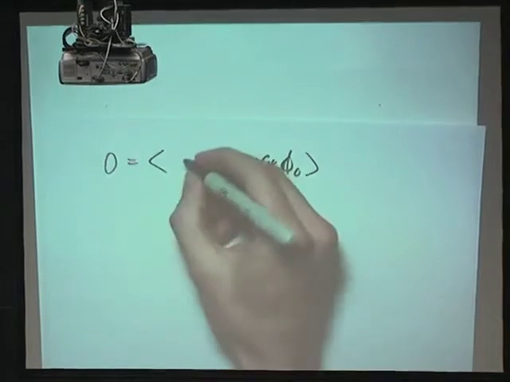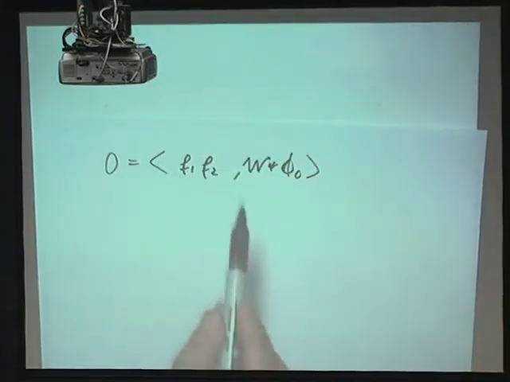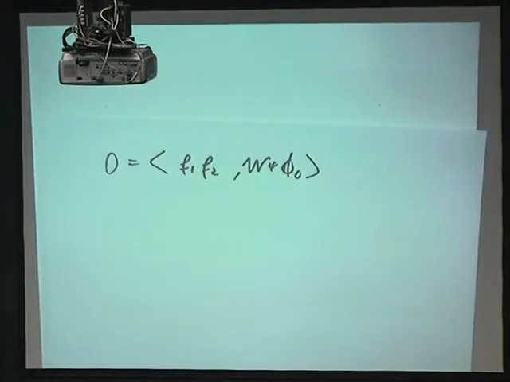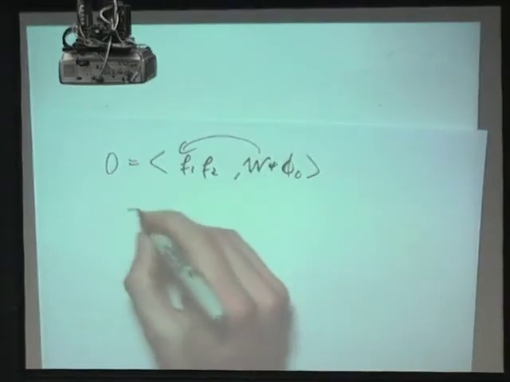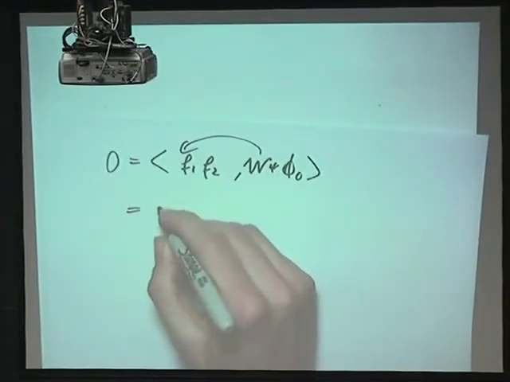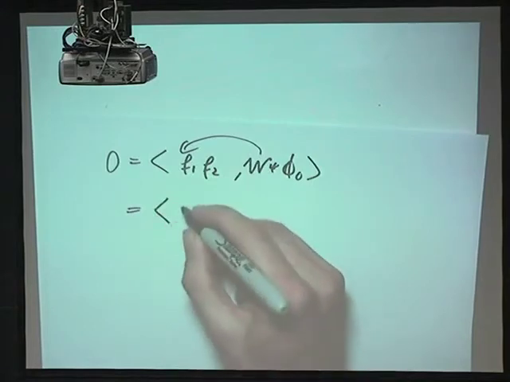So suppose you have here a product of two functions, f1, f2, and you take this product of the two functions and then the inner product with W phi 0. You definitely get 0, but we also know that we can move the W over, and we get minus 0, which is still 0.